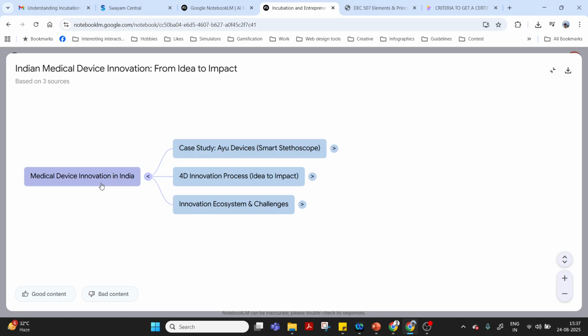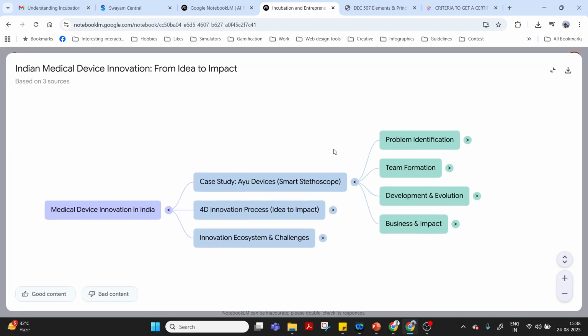The content which was offered in week 5 had three aspects: the case study, IO devices, smart stethoscope, the 4D innovation process, and then the innovation ecosystem and challenges. Right. So let's start with the IO devices. This in itself includes the problem identification, team formation, development, evolution, and the business impact.